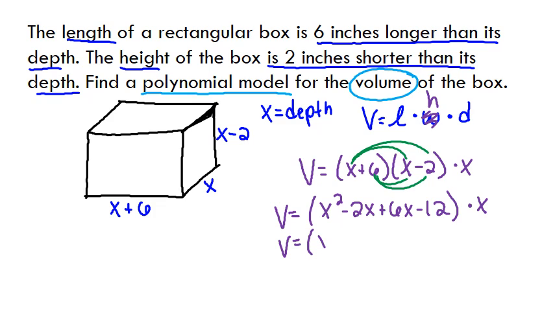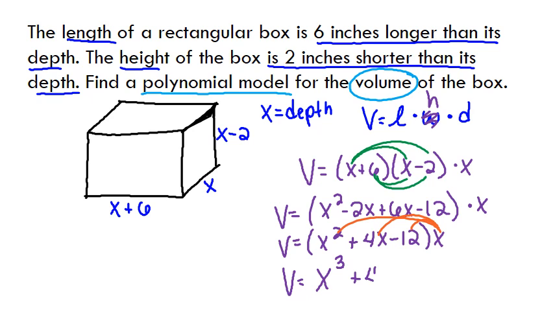Combining my like terms, I get x squared plus 4x minus 12, all times x. Go ahead and distribute my x term through my parenthesis sets. So my final polynomial model for the volume is going to turn into x cubed plus 4x squared minus 12x.